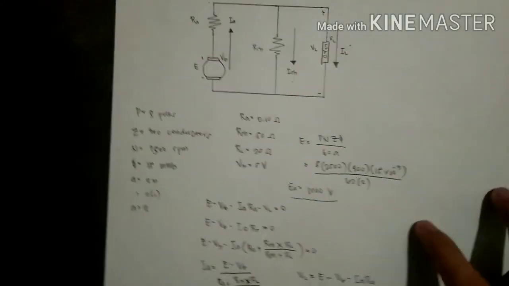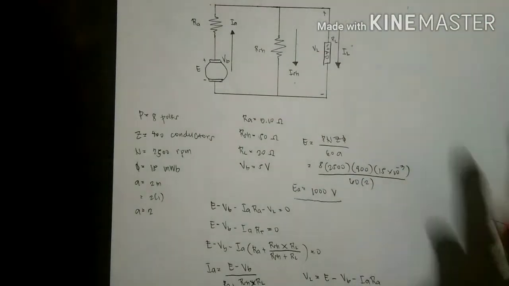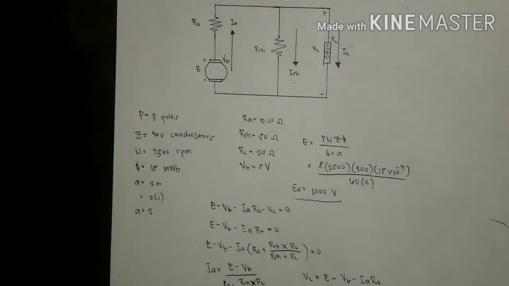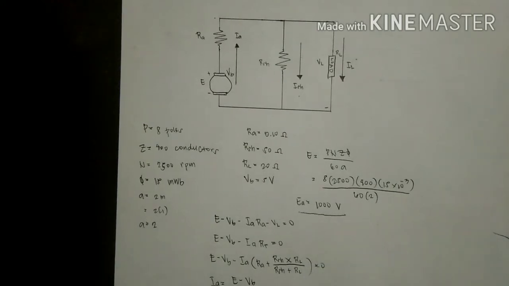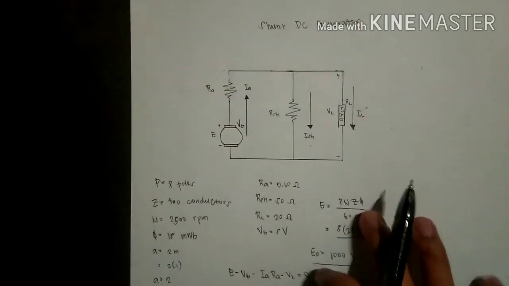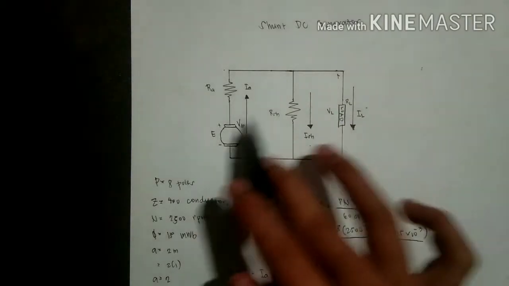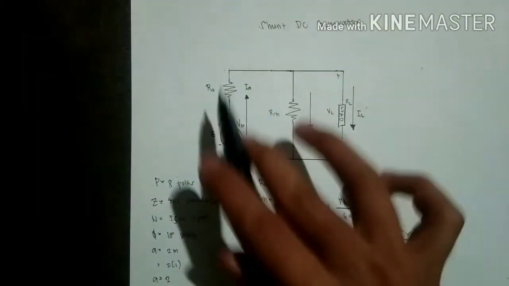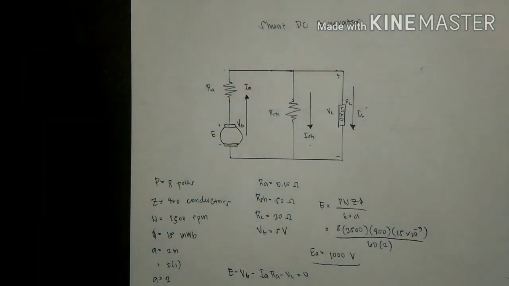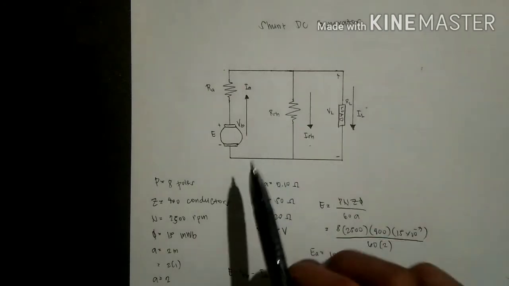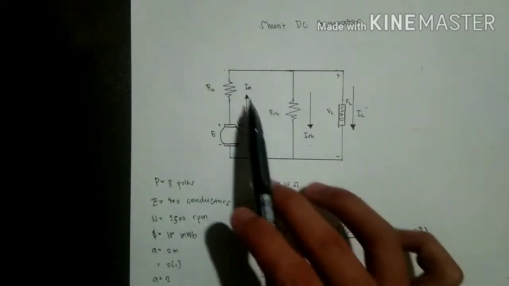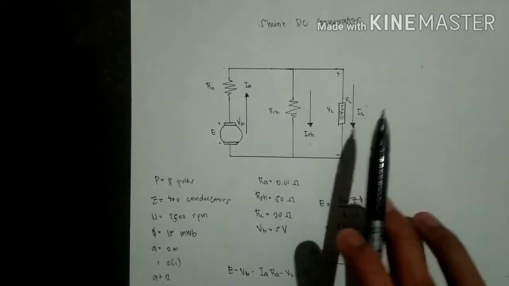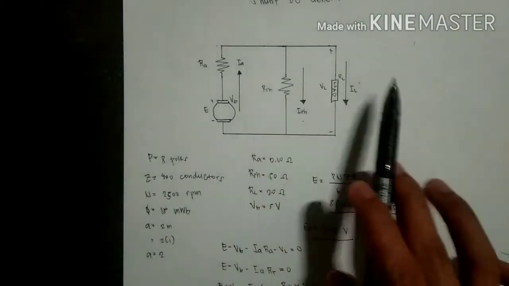After we got the EMF, the next part we must do is to find the IA. In order to get the value of our IA, or the armature current, we must use the KVL.